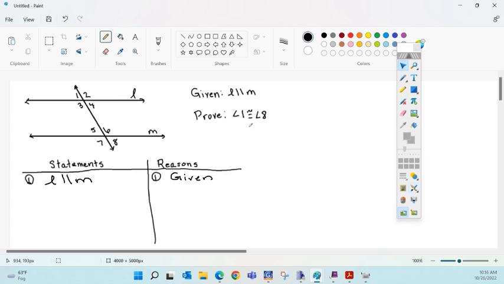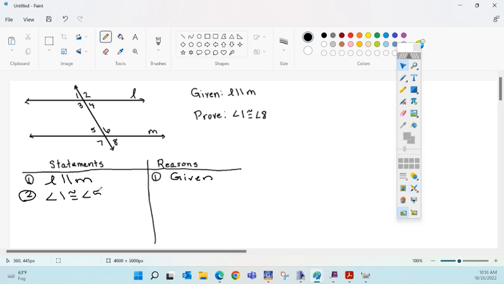Now we're dealing with angle 1 and angle 8, so pick one of them and use that idea. Angle 1 is congruent to what angle? Angle 5.